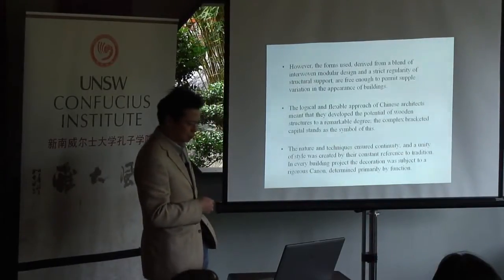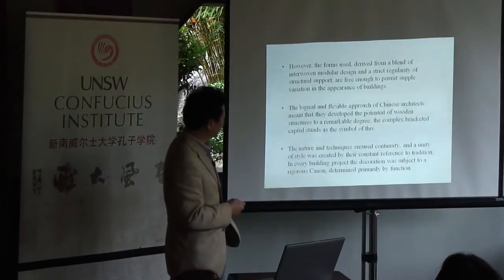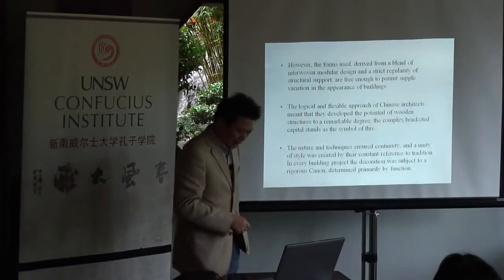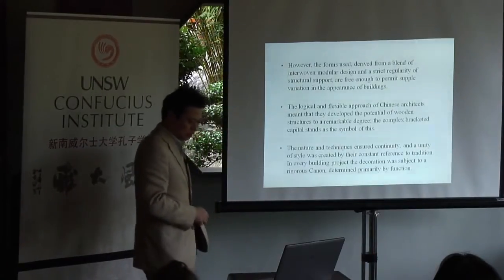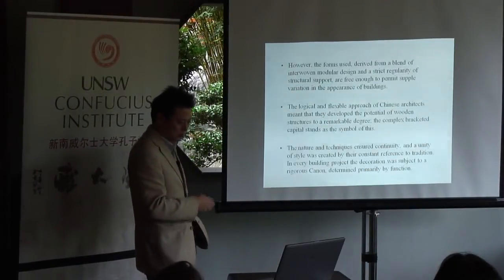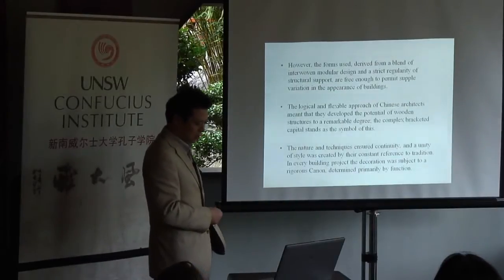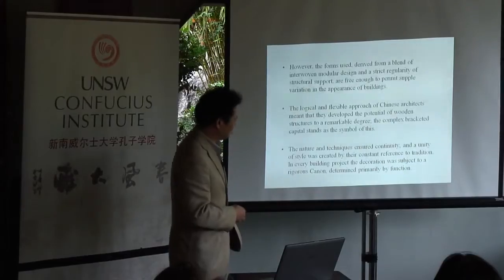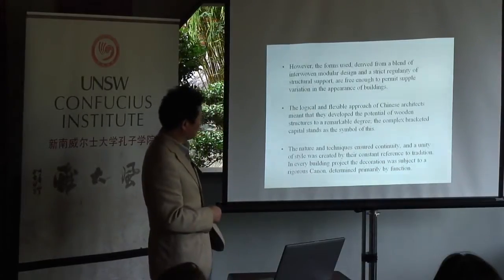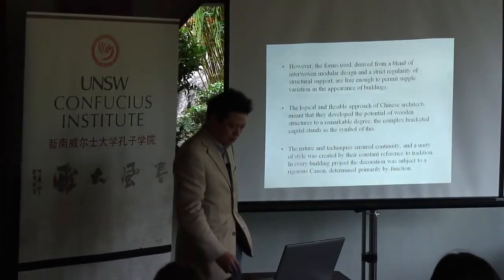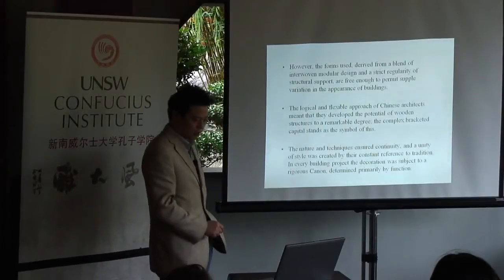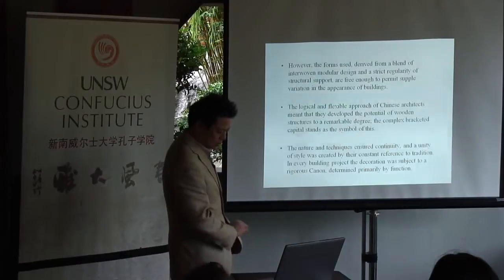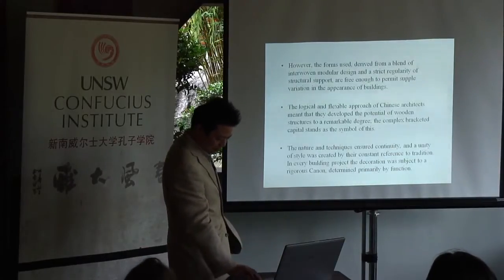The complex bracket capital stands as a symbol of this. The literature and the techniques ensured continuity, and the unity of style was created by constant reference to tradition. In every building project, the decoration was subject to a rigorous color scheme determined primarily by function.